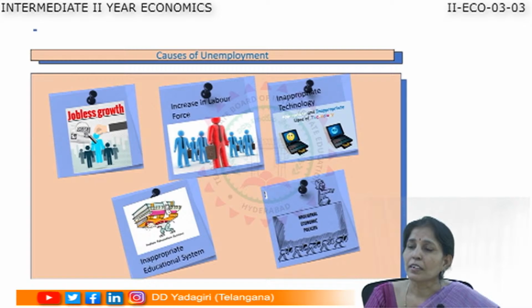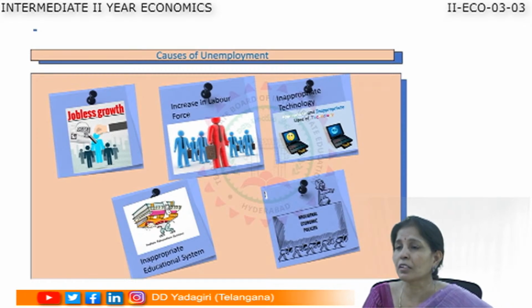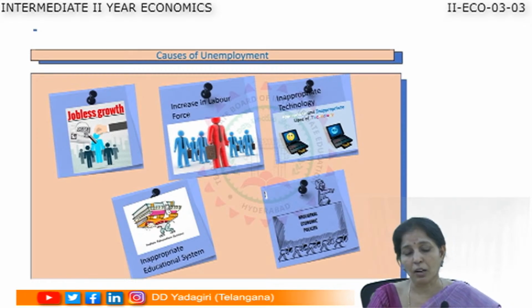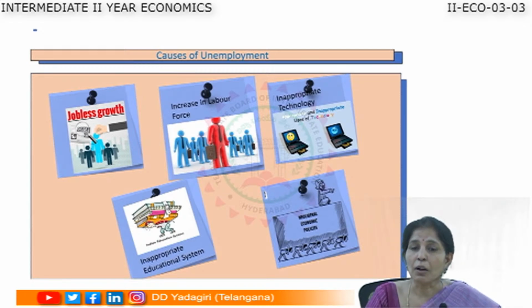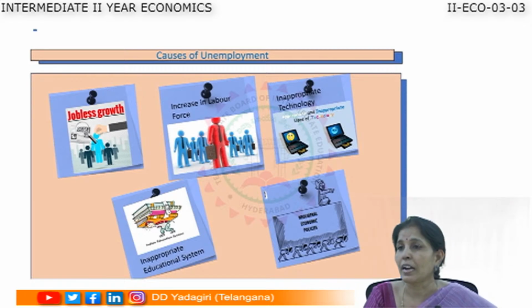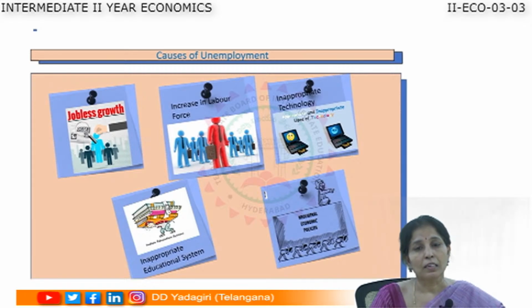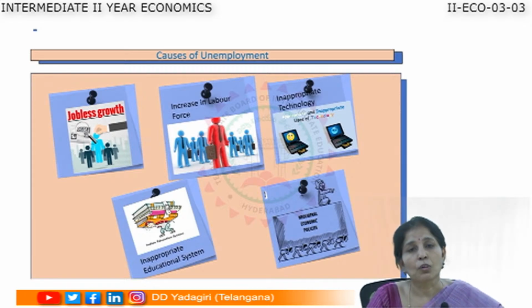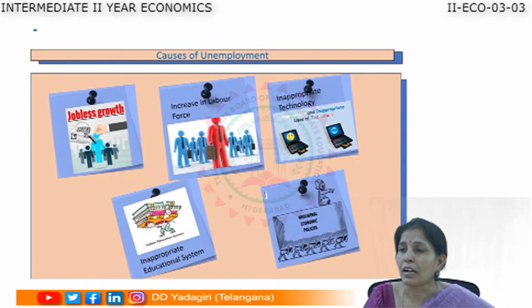The next one is neoliberal economic policies, the LPG model, the new economic reform, which is basically for the development of the economy. The economic reform, that is liberalization, privatization, and globalization, has emphasized the development of an economy, but the drawbacks or the negative impact of this has created a higher rate of unemployment, because the post-economic reform could not increase employment to whatever they had targeted.